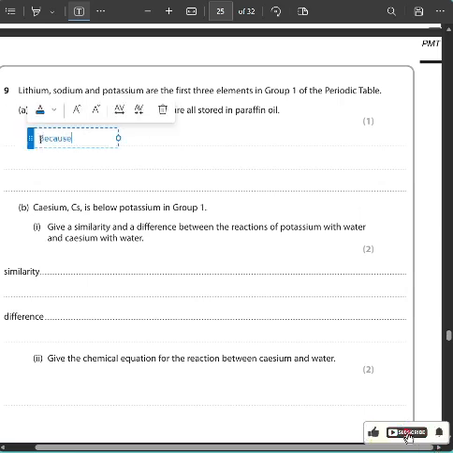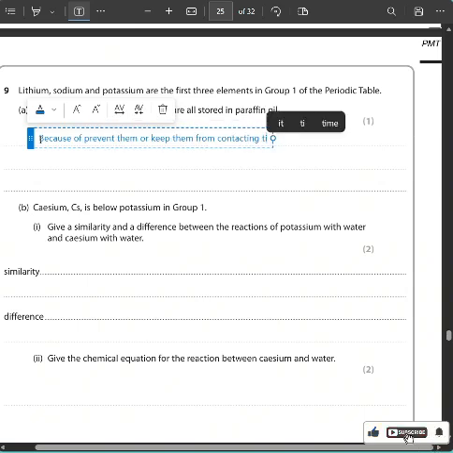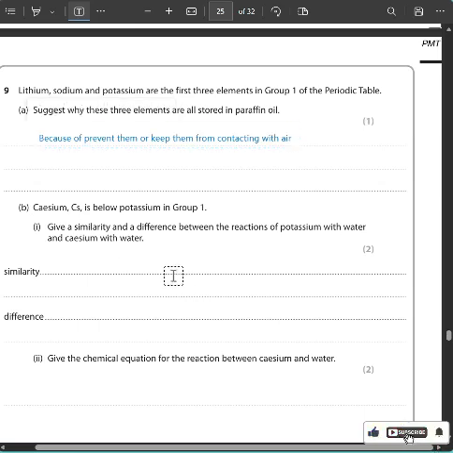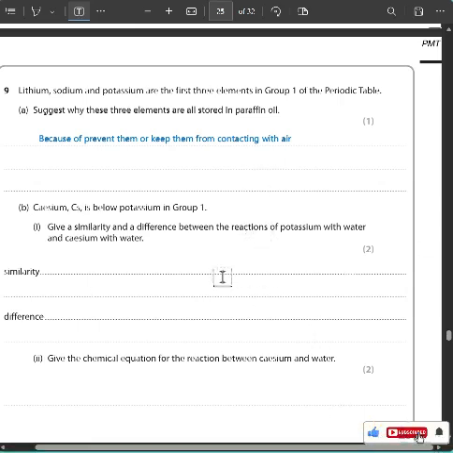Because it prevents them from contacting air, as they can react with air too fast. Cesium is below potassium in group 1. Give a similarity or a difference between the reactions of potassium with water and cesium with water.